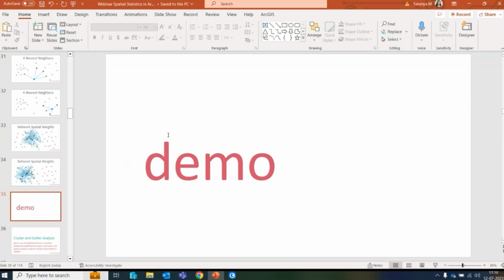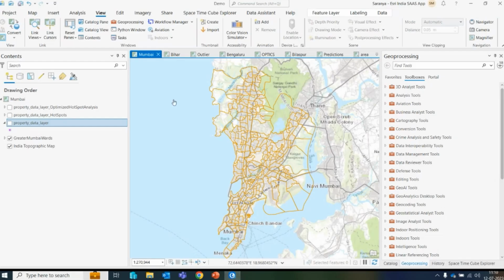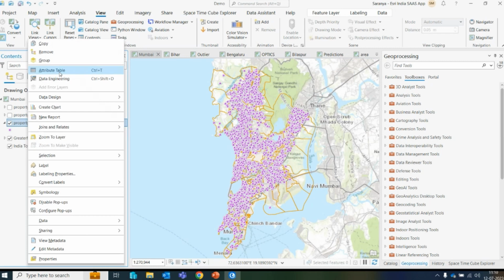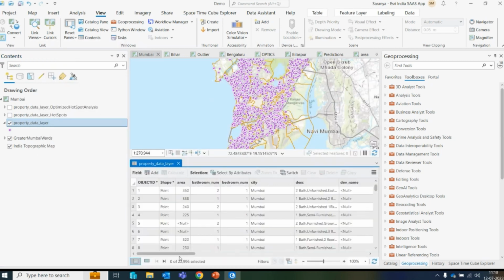Now let us see a quick demonstration of how you can do hotspot analysis in ArcGIS Pro. Here I have zoomed to the Mumbai region. Here I have property data. When you see the attribute table, I have information about all the properties that are listed for rent.